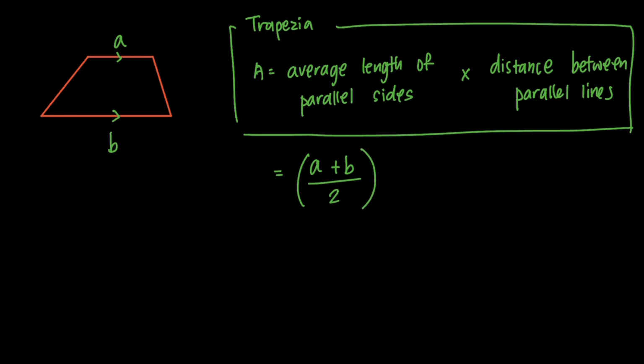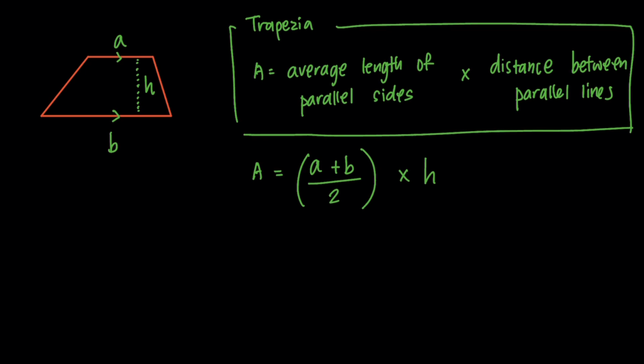Then I need to figure out the distance between the parallel lines. So what is the distance between A and B? The distance would be this part here, which I'm going to call H. So times H. So this is how I would find the area of a trapezium.